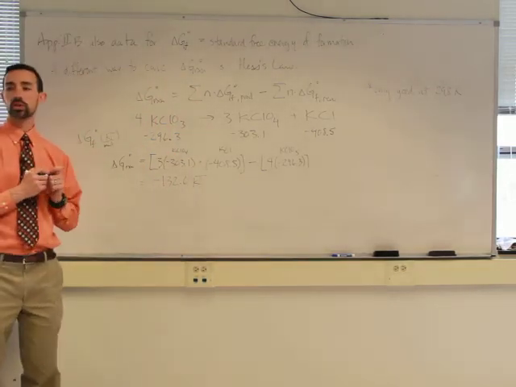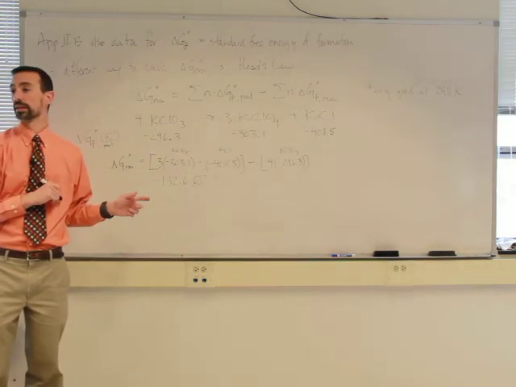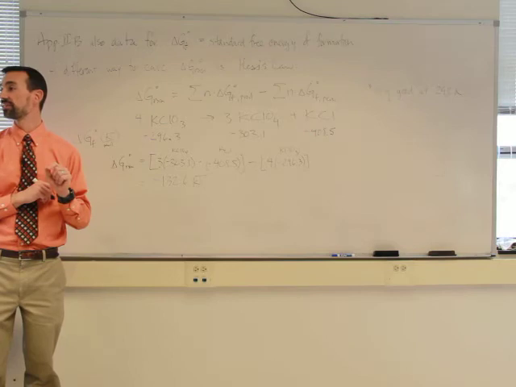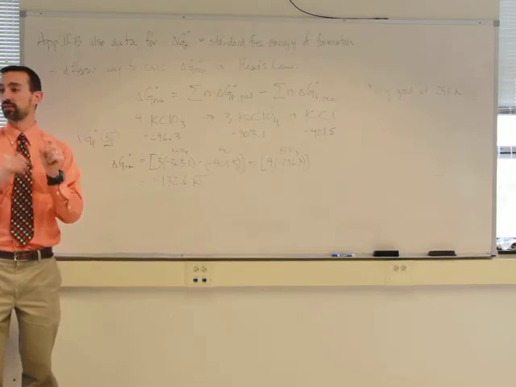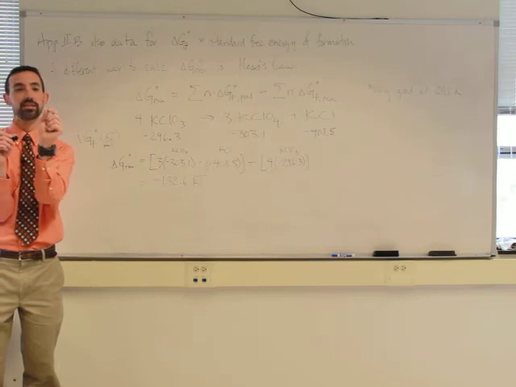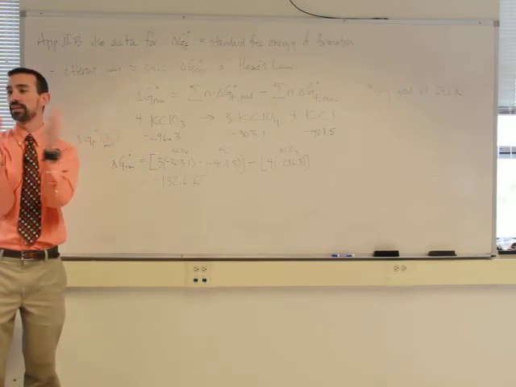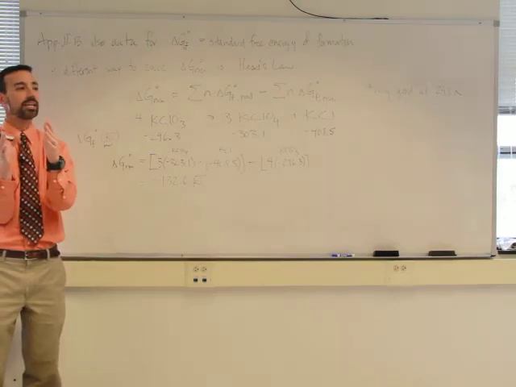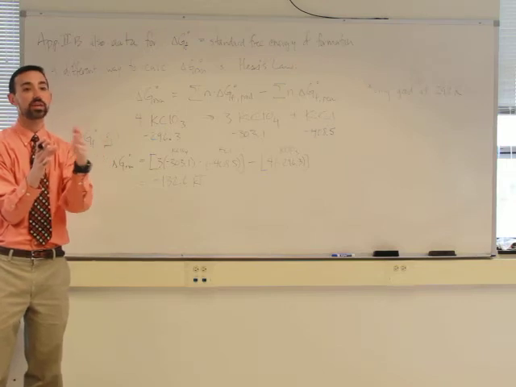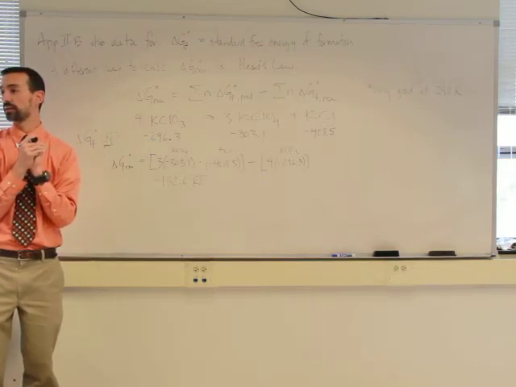In the interest of full disclosure, we got negative 133.1 earlier. We were off by 0.5 kilojoules. That's just due to a little bit of rounding. And then if you take a number that's been slightly rounded and multiply it 298 times, the rounding gets exaggerated 298 times. So that's why H minus TS will give you a slightly different answer than just this formula right here.